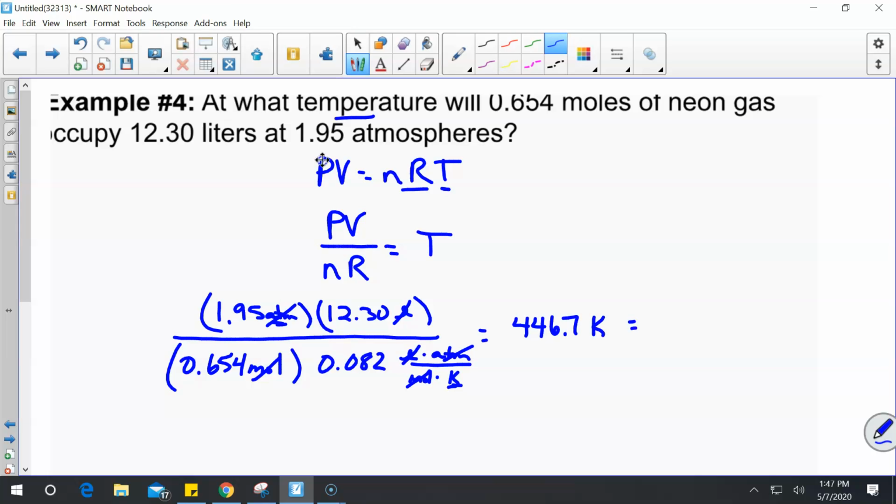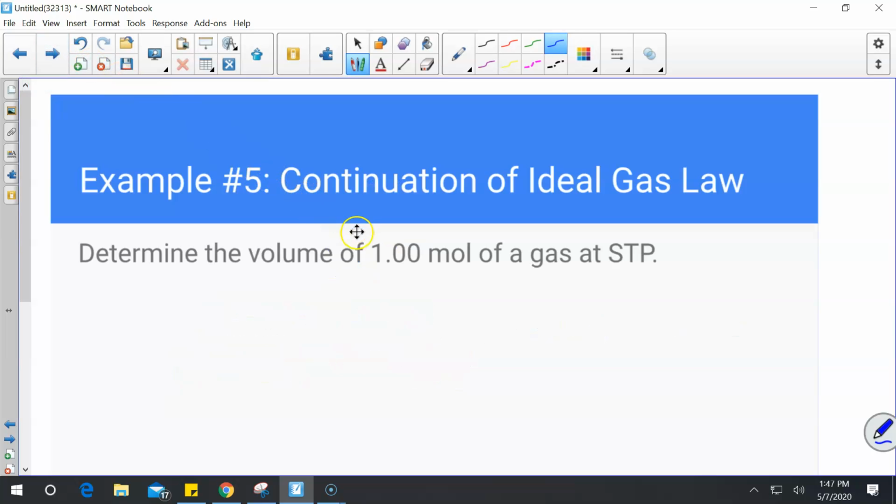Going to sig figs, it looks like there's three, there's four. We go with the least, so it looks like 447 Kelvin. Now, they just said temperature. They didn't say Celsius or Kelvin, so either one would be correct. It didn't ask for a specific unit. So that's one sample of a problem.